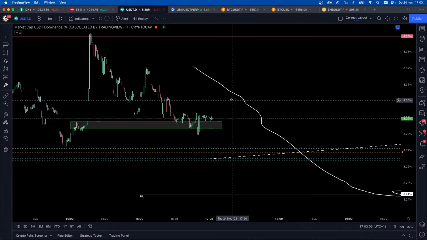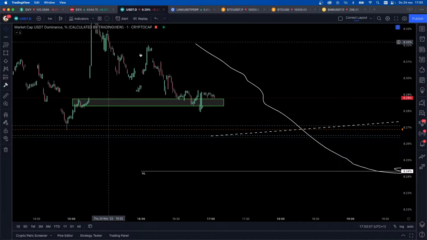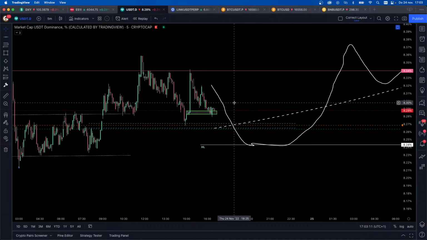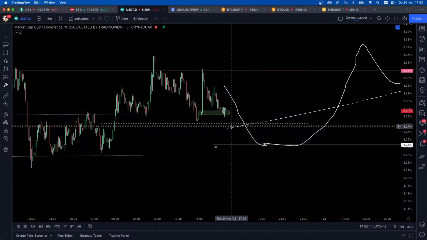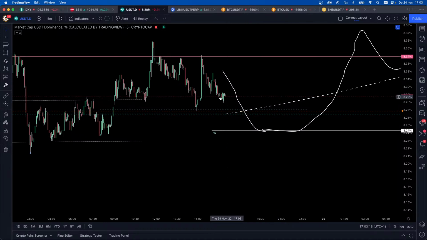Not so certain about USDT though. I think it wants to get a little lower before. USDT has to be on the same page if you trade.